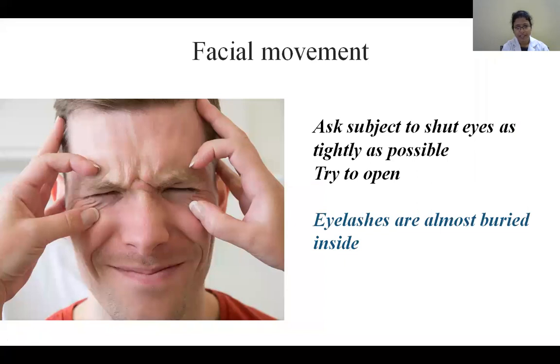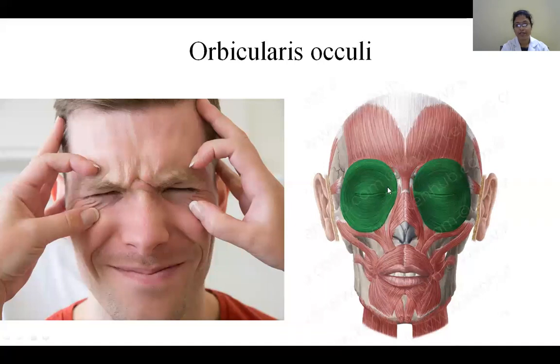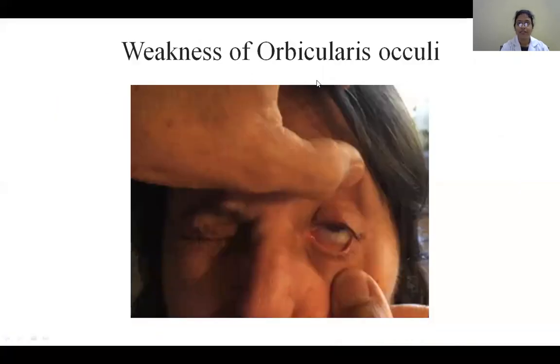This action is carried out by the muscle orbicularis oculi. When you close your eyes, this muscle comes into action. When there is weakness of orbicularis oculi, you can easily open the tightly closed eyelids.